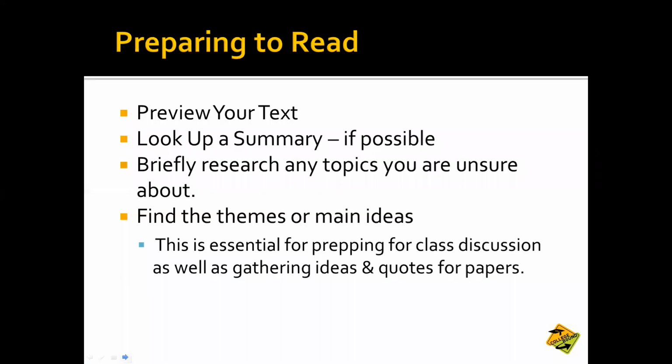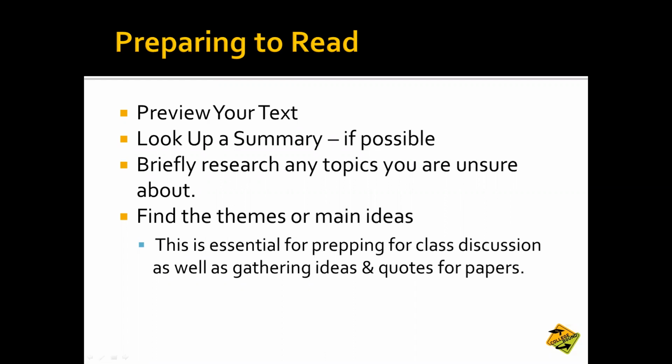So we're going to cover these 4 points: previewing, looking up a summary, covering any research if we need to, and looking at the main points, the main ideas or themes. All of these things are super essential to prep yourself for a class discussion, and it's also a great way to start understanding and organizing your ideas for papers. And we know this class has several.